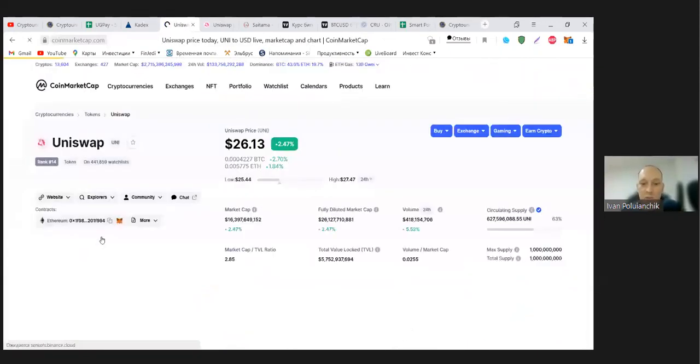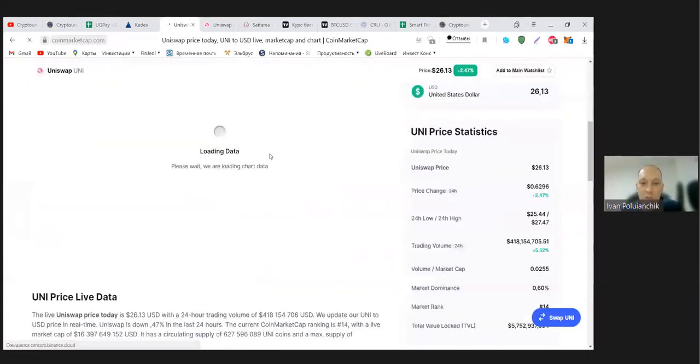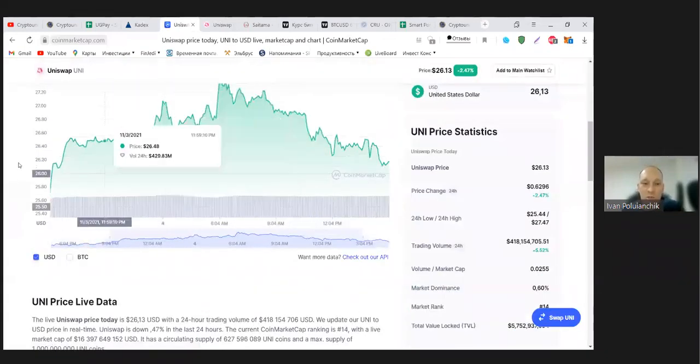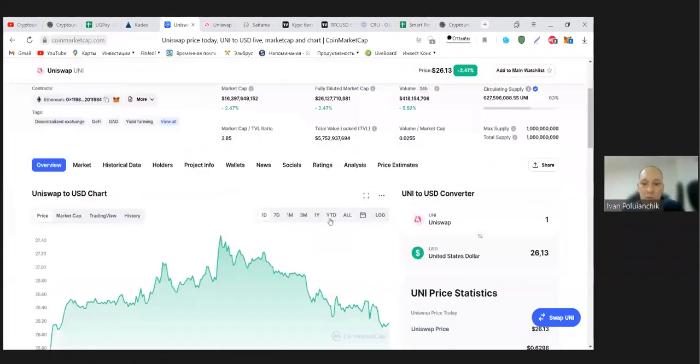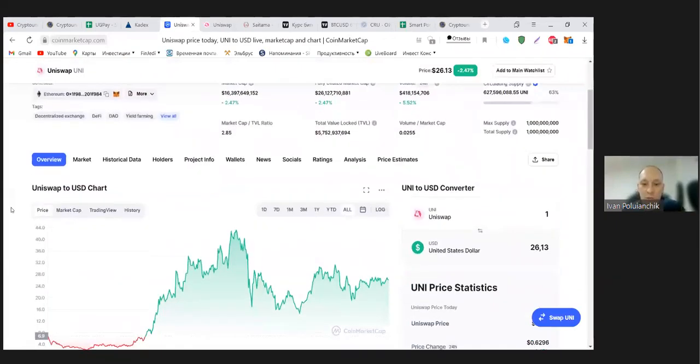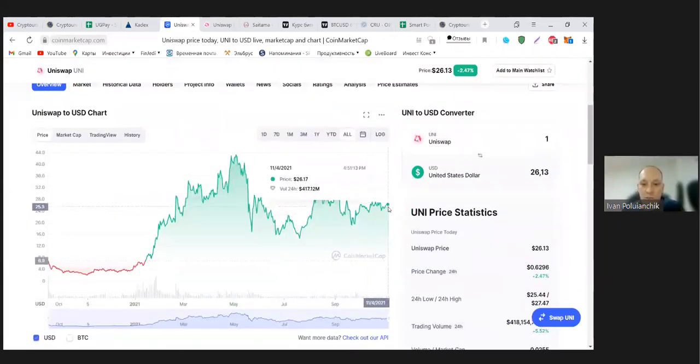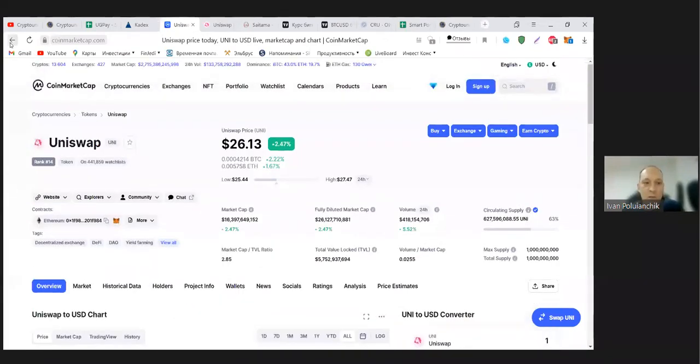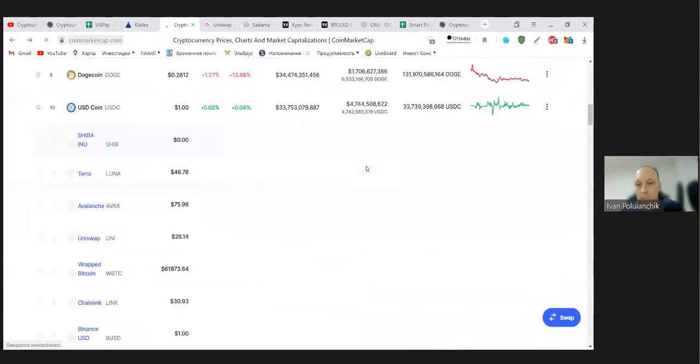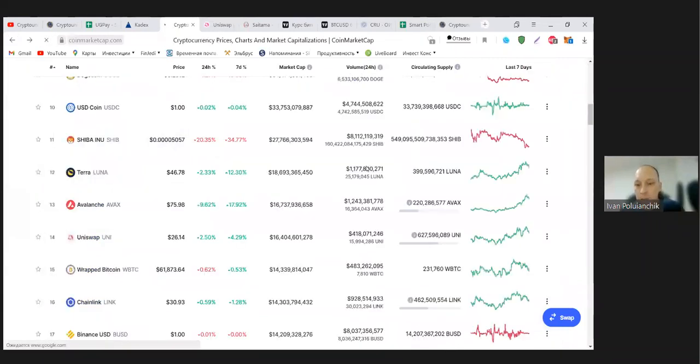This coin is way more promising. It doesn't have this huge growth, but it has better potential than Shiba Inu. You can buy now at 26 and maybe expect it to grow to 100.